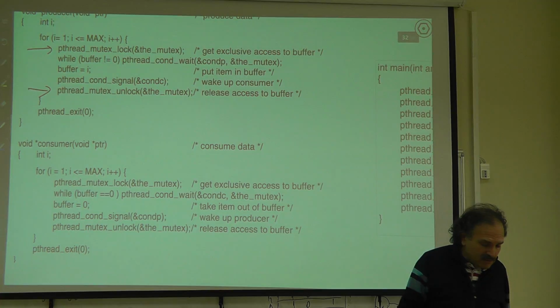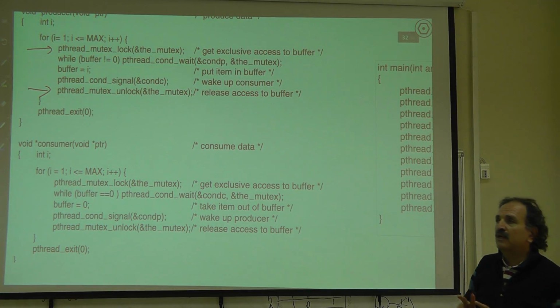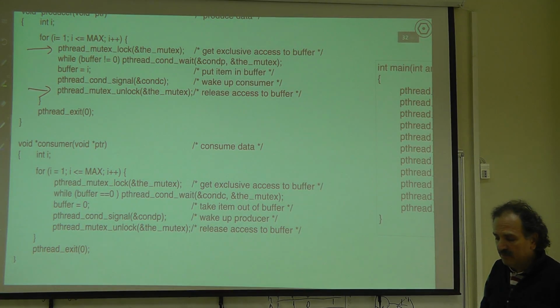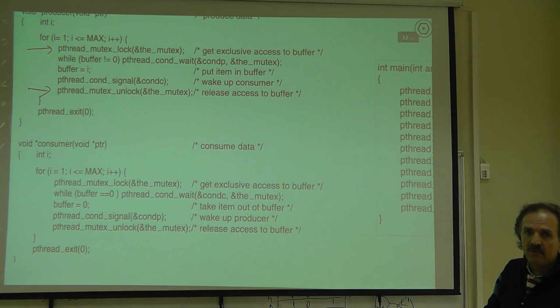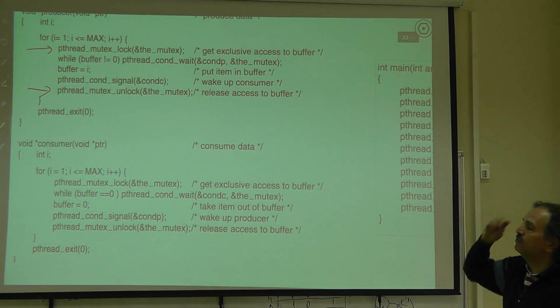Similar to the semaphore example, remember, in the semaphore example we had three semaphores: one for the mutex, one for the empty, one for the full. And in this one we have one mutex for the mutual exclusion lock, and two condition variables, one for the consumer, one for the producer.